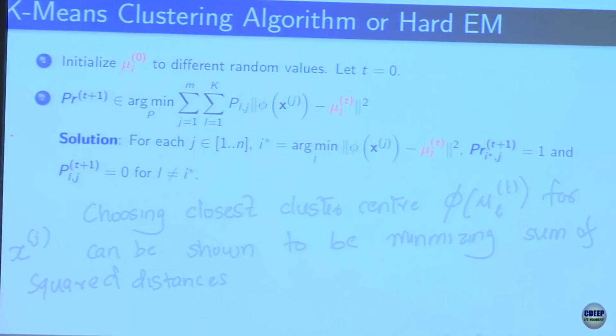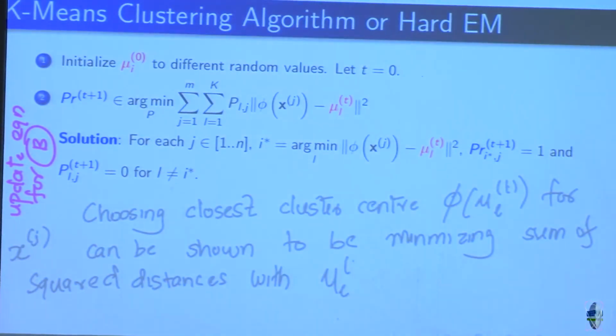So this is the update for step B. That's exactly what I have written there. This can be shown to be minimizing the sum of squared distances with the mu_i^t fixed.